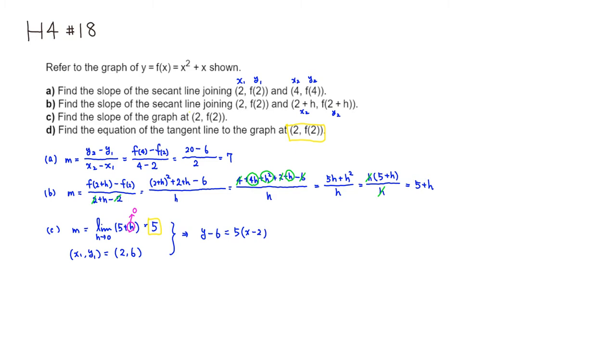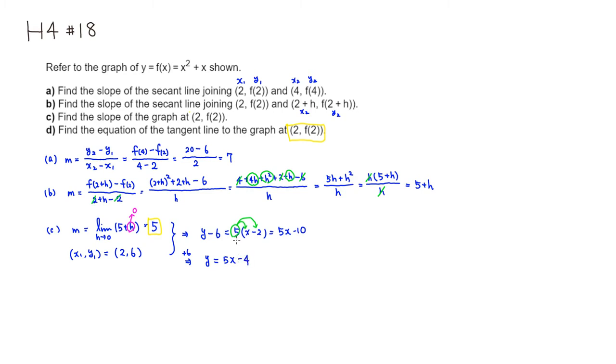I'm going to distribute the 5 to x and to negative 2, so we get 5x minus 10. Then we can add 6 to both sides so that y is equal to 5x, and negative 10 plus 6 is negative 4.